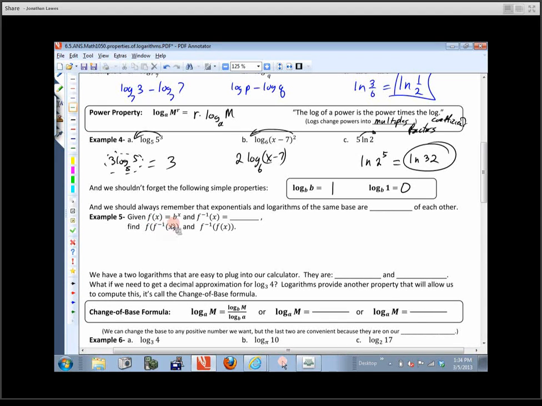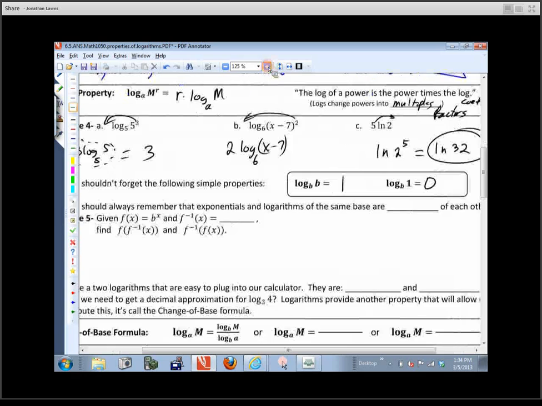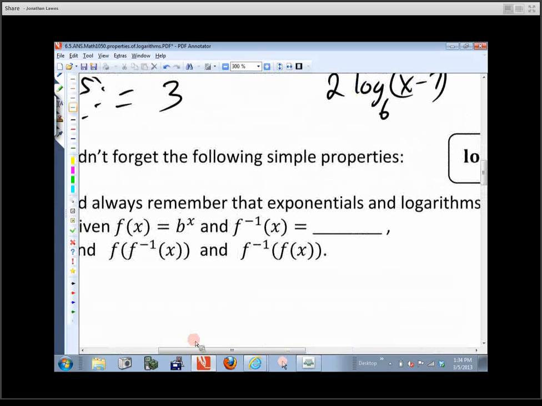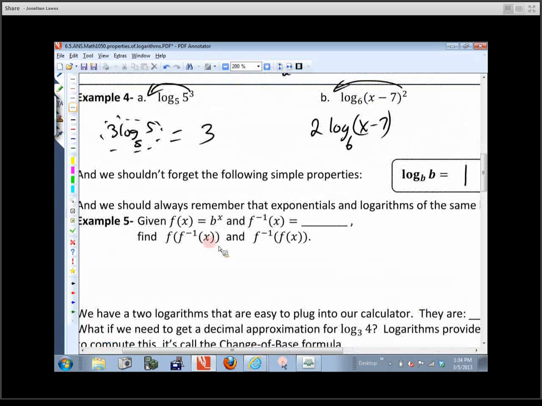Given that f of x is b to the x, or in other words, the name of that function would be, what is it? Exponential base b. What would its inverse be? Its inverse would be log base b, so log base b of x.